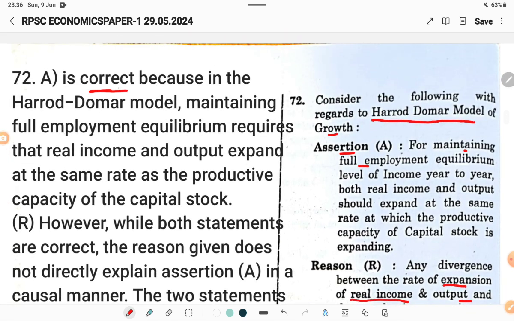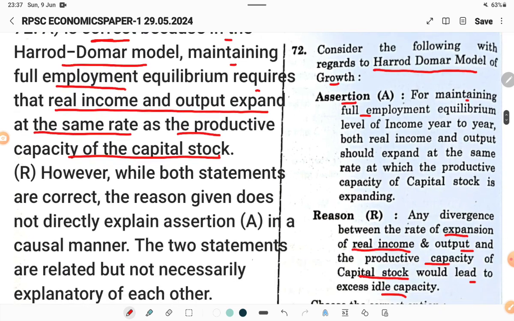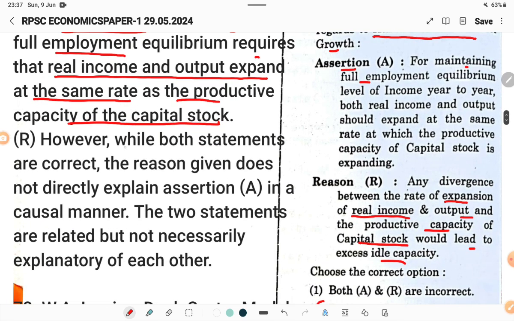Assertion A is correct because in the Harrod-Domar model, maintaining full employment equilibrium requires that real income and output expand at the same rate as the productive capacity of the capital stock. And reason R is also correct, but it does not directly explain the assertion in a causal manner.